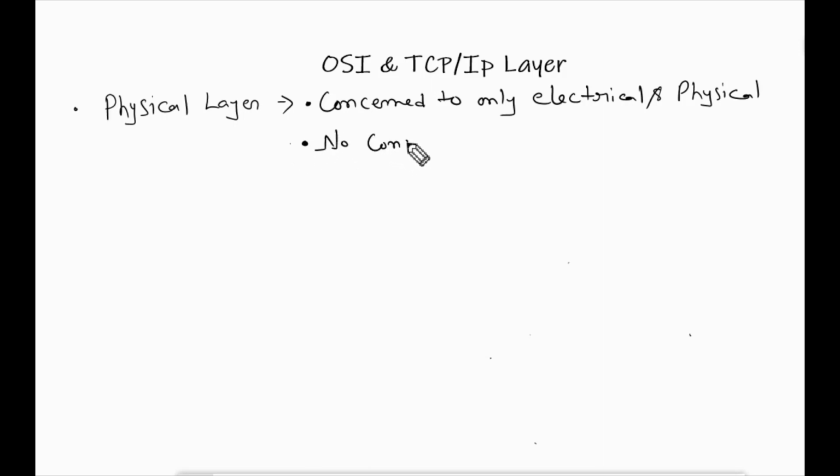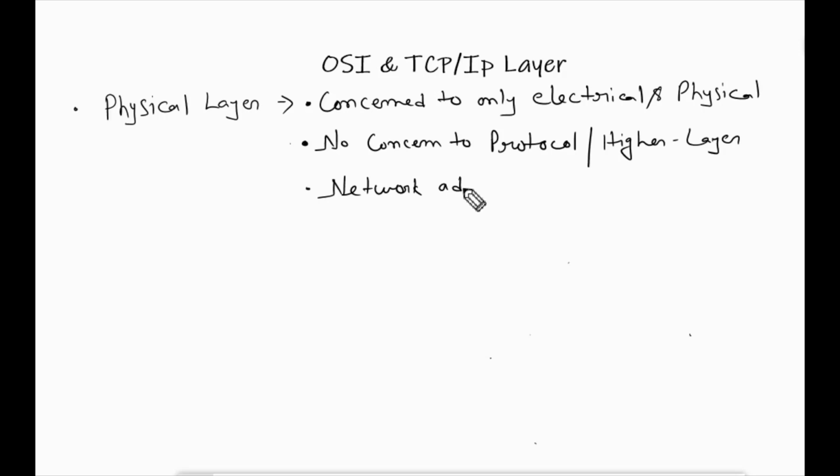No concern to protocol or higher layer. And the example for this layer is the network adapter. We also call it a NIC card. The interface or the port we have in the device, in the computer, laptop, or in the router switch, is called the network adapter or interface.